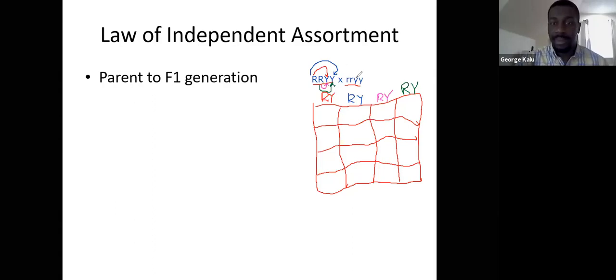So again, we're going to have this little r, little y. I'm going to list that over here. Little r, little y. Okay, and then we're going to have this other little r, little y. Then I'll go in this box here.